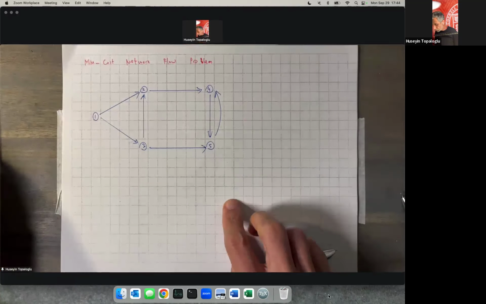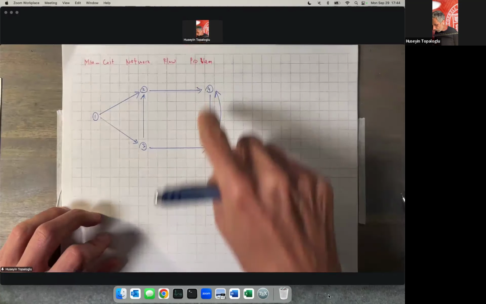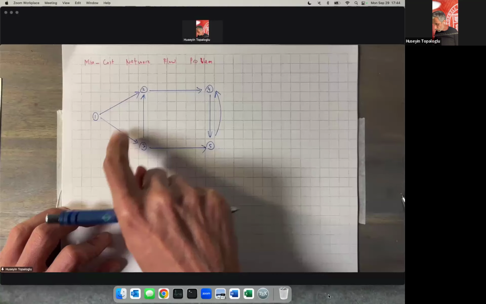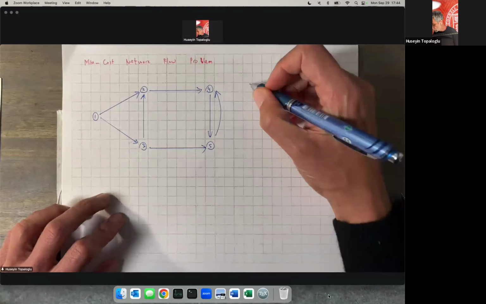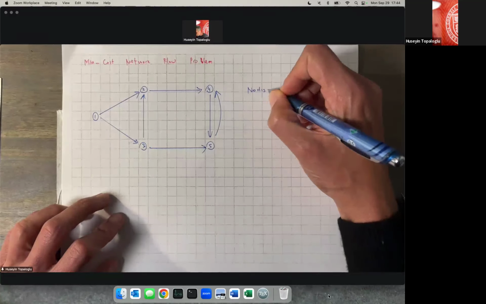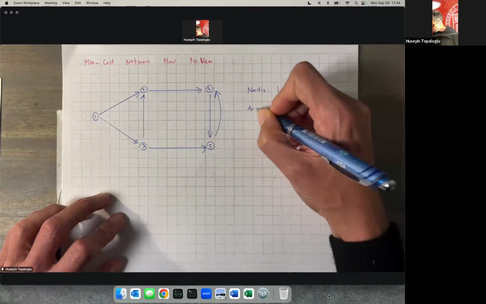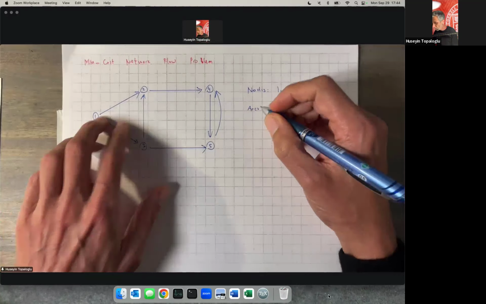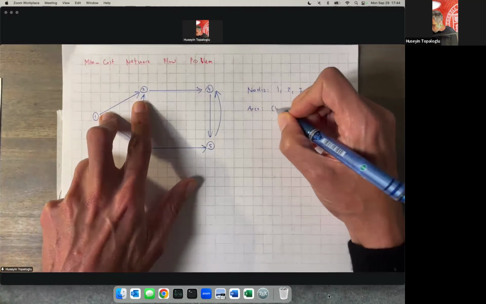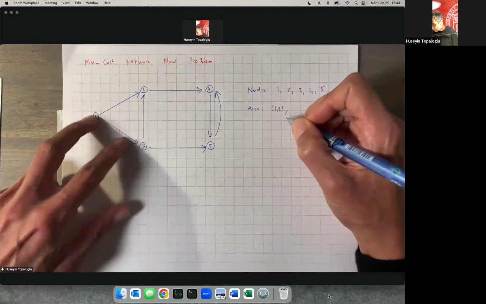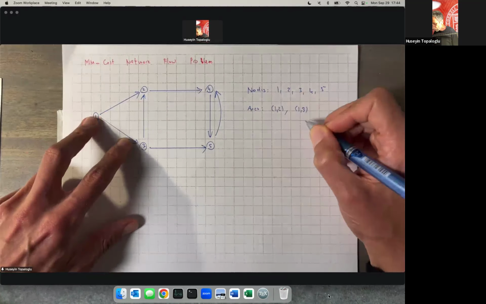Okay, so I have a network with 5 nodes, 1, 2, 3, 4, 5, and 7 arcs. So my nodes are 1, 2, 3, 4, 5, and my arcs are: an arc that connects node 1 to 2, so that's arc 1, 2. An arc that connects node 1 to 3, so that's the arc 1, 3.